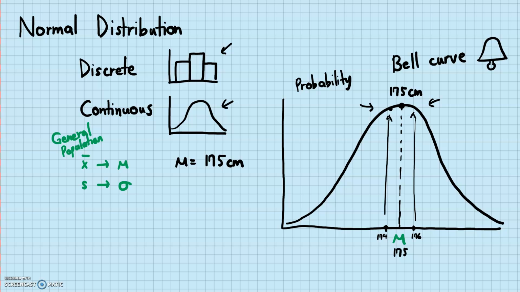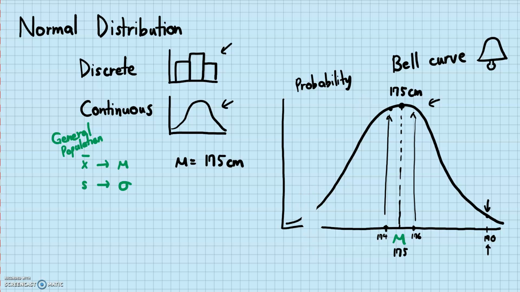But the further away from the mean you get, so let's say that we have something like 160 here, or like 190 here, there's not that many people who are going to be 160 centimeters and 190 centimeters. Right? So that's why the probability for those are fairly low. So the closer you are to the mean, the higher the probability, and the further away from the mean you are, the lower the probability.